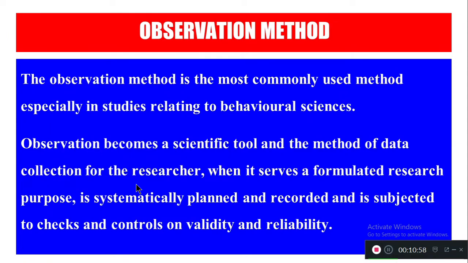We must plan the observation systematically, we should record it, and we should validate the information and check the reliability of the information. When you do observation, certain things which can affect the observation also need to be controlled. Observation becomes a good method only when it is systematically planned and recorded, and this information is subjected to checks on validity and reliability. In this unit, we will see in detail later what validity and reliability are.